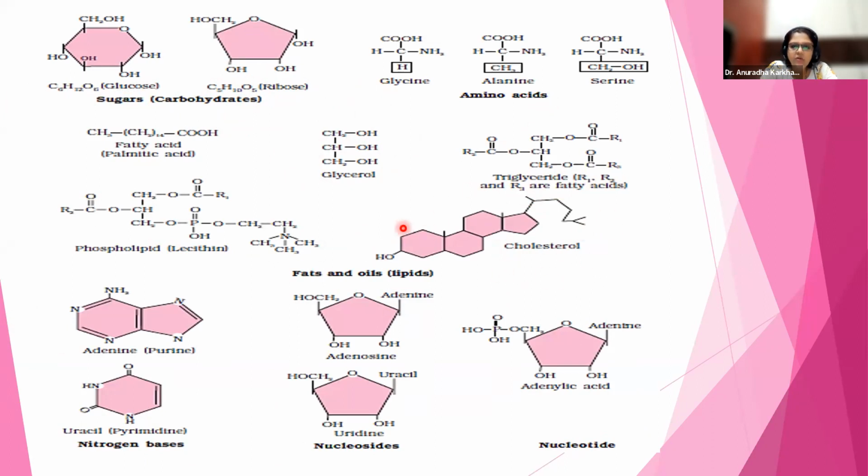This is your cholesterol molecule, adenine, adenosine, adenylic acid. So this is your double ring structure of adenine, which will get attached with the sugar to form adenosine. So adenine plus sugar is adenosine, and adenosine plus sugar plus phosphate is adenylic acid. Okay, so it's just a summary.